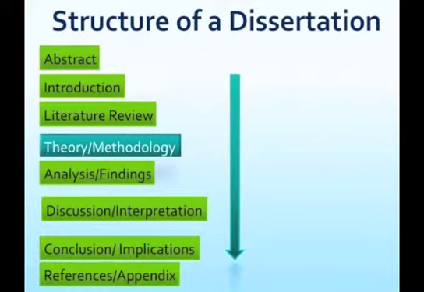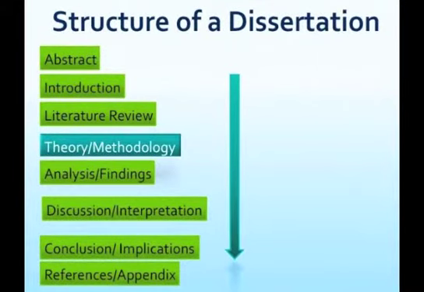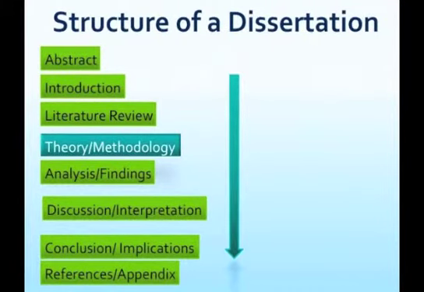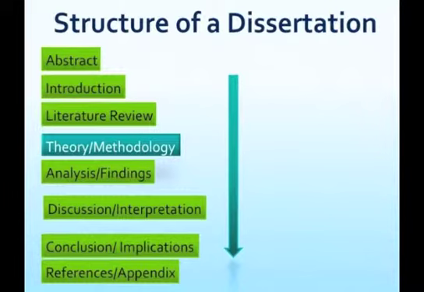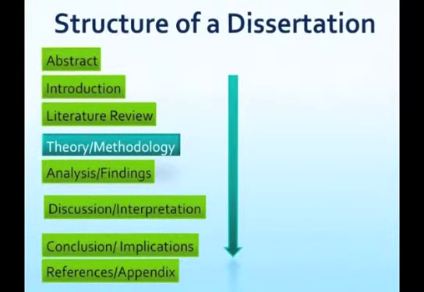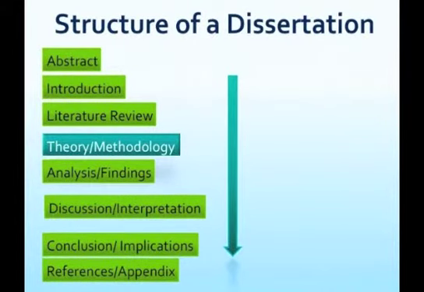I used the terms theory and methodology as the same heading because some schools want you to talk about theoretical models, paradigms you are using for your research before you're planning your research, and you'll have to justify your methodology not only based on the literature review but also on the theoretical framework upon which you base your research.